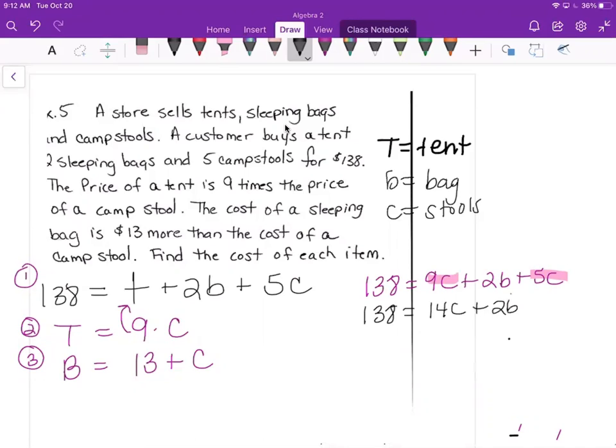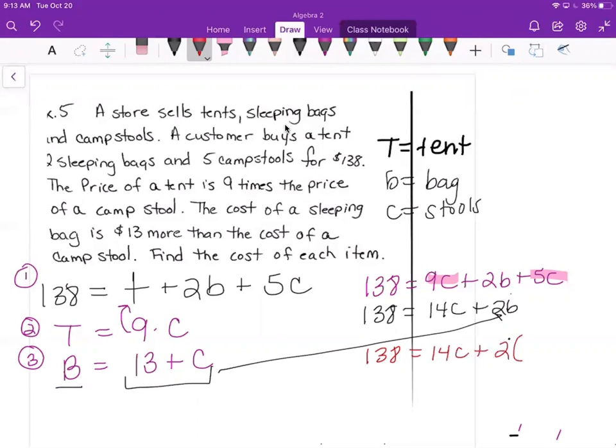And now we have two equations that have both a b and a c. So I'm going to do one more substitution. In place of b on that equation, I'm going to sub in 13 plus c. So we're going to have 138 equals 14c plus 2 times 13 plus c, and that will give us c.